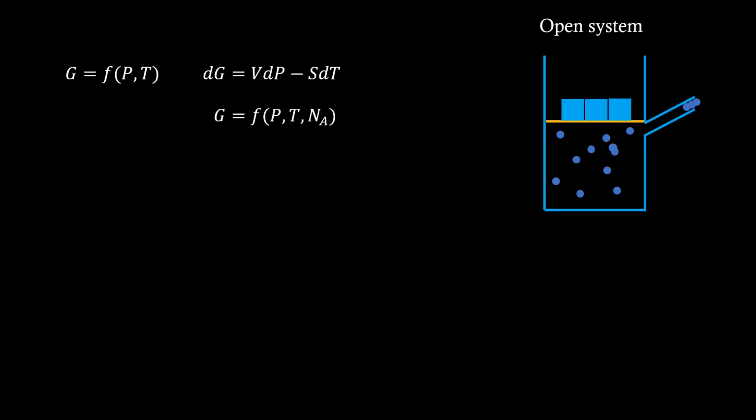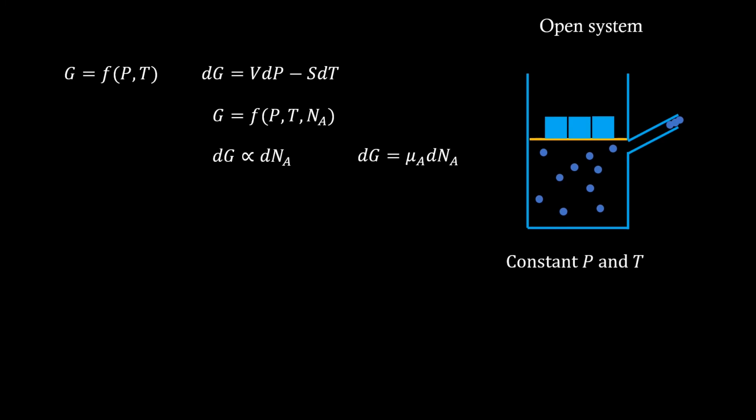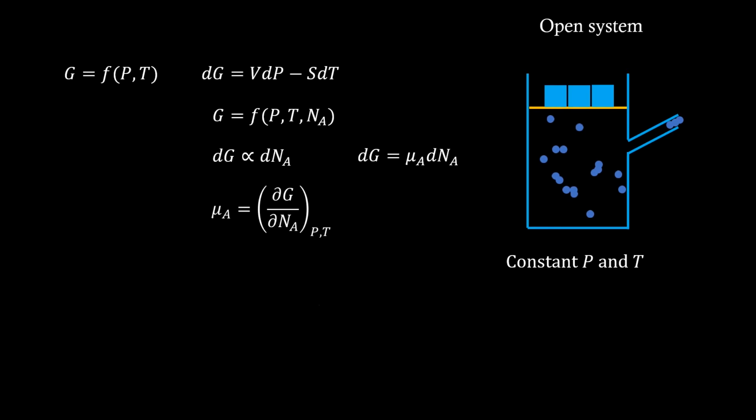In other words, it is an extensive quantity. It can be assumed to depend linearly on number of atoms, especially for small quantities. And the proportionality constant is mu A, and this is called the chemical potential of A. In fact, when the temperature and pressure are constant, the chemical potential can be defined like this.